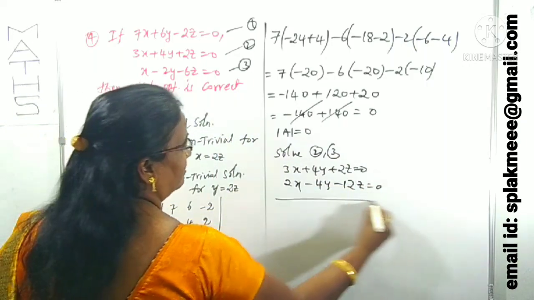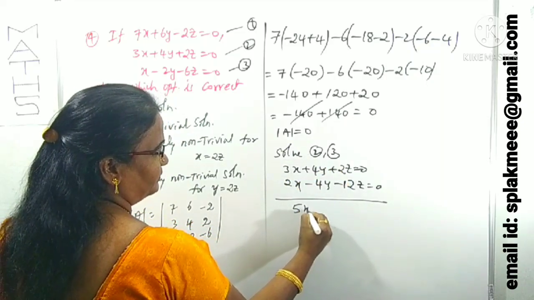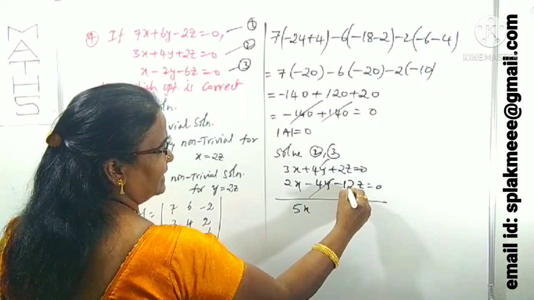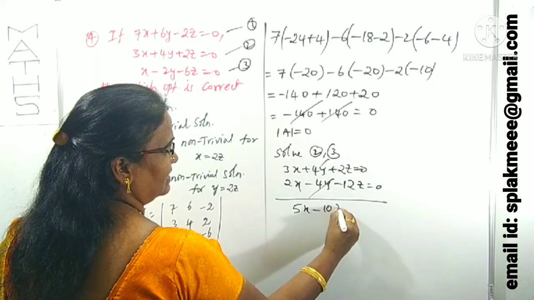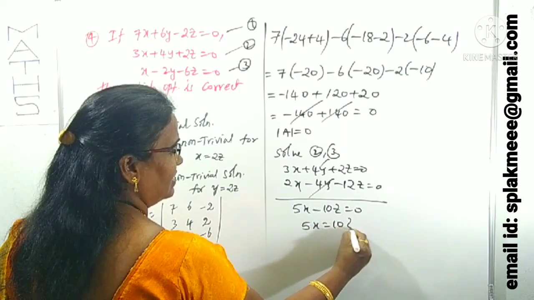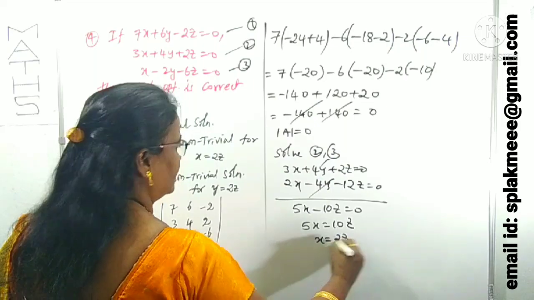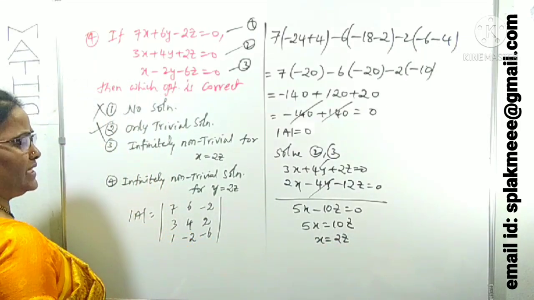Now what happened? By addition, these two get cancelled. 3x plus 2x is 5x. Minus 12z plus 2z is minus 10z, equals 0. This we write as 5x equals 10z. 5 cancels in 10 two times, so x equals 2z. We got it.